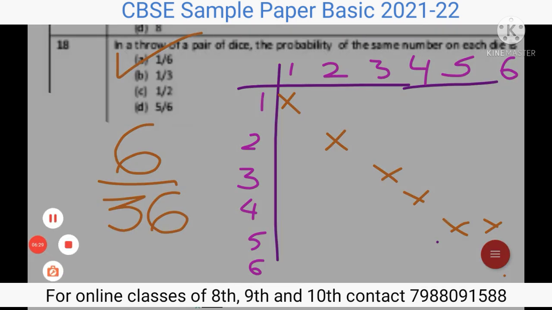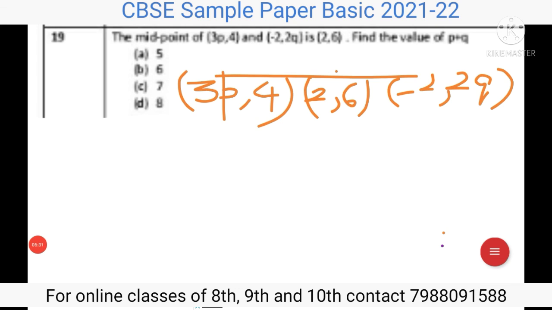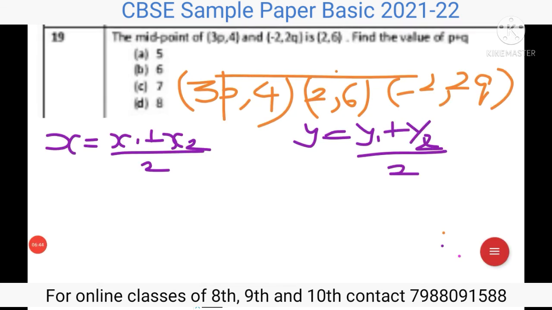In question number 19, we are given the midpoint of this and this as 2, 6, and we have to find the value of P plus Q. Now since 2, 6 is the midpoint, let us write down the formula for midpoint first. The formula is x1 plus x2 by 2 is x and y1 plus y2 by 2 is y.